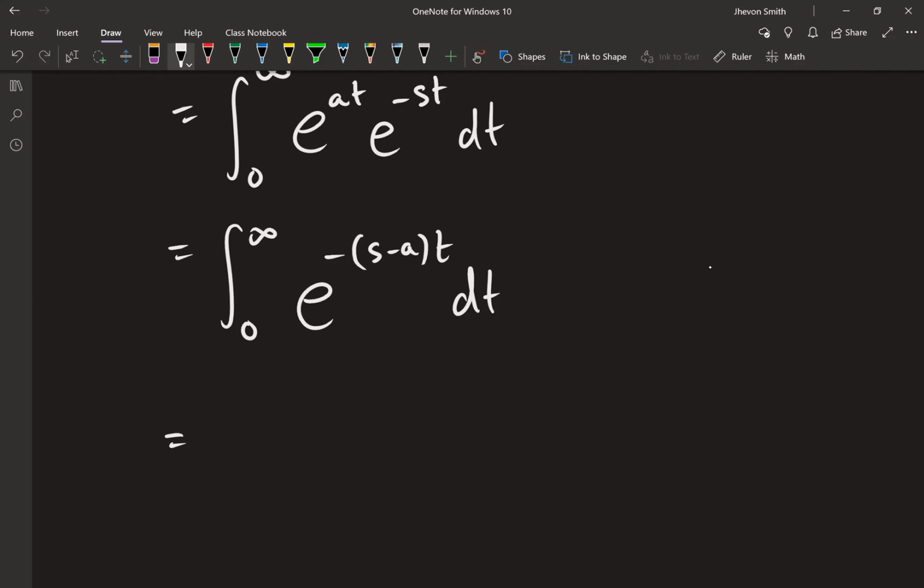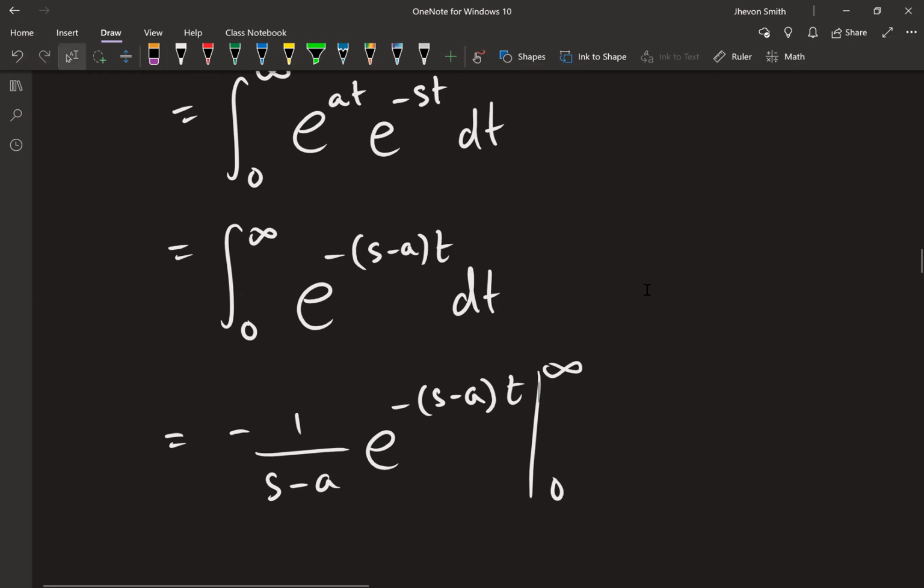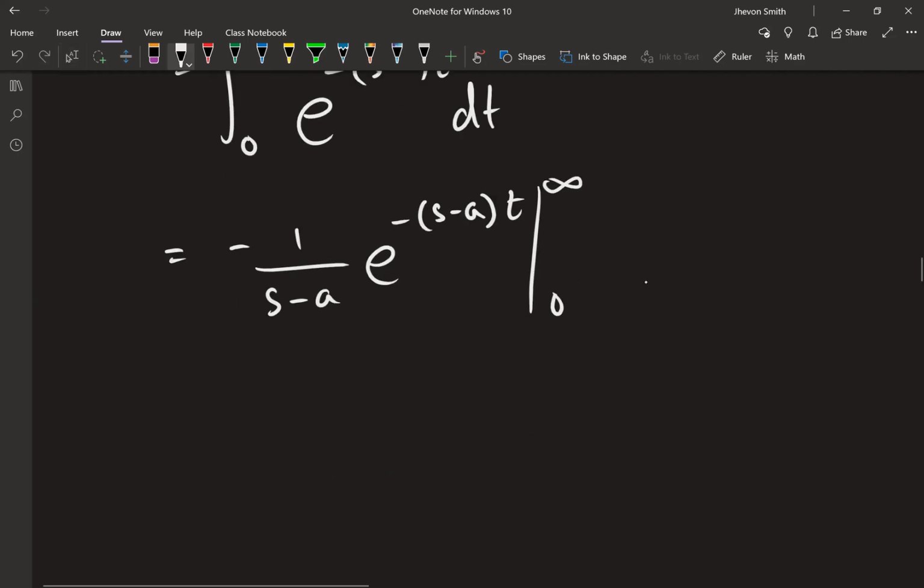So this is going to be 1 over the constant times e to the original function between 0 and infinity. Now here's the thing. This here is equal to minus 1 over (s minus a) times e to the minus (s minus a) times t.